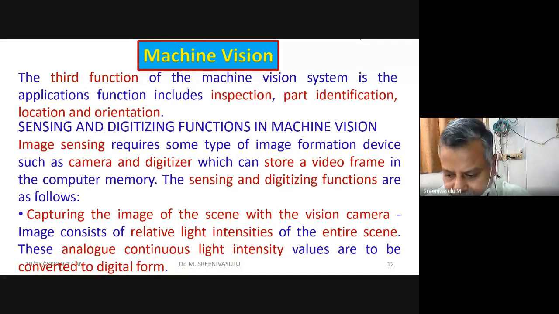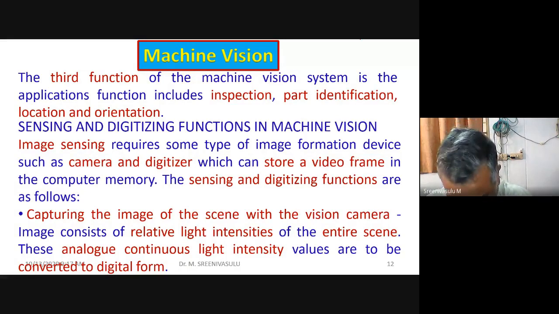Though we call it as a camera, digital camera, that's an indication that that is actually acting as a camera as well as it is trying to digitize that information. And what it is trying to do, it is trying to store a video frame in the memory. See, though it has been stated as computer memory because the robots are being attached through the controller to the computers. So all the information that is going to capture through vision sensor is going to be stored in this set of frames in the computer memory.